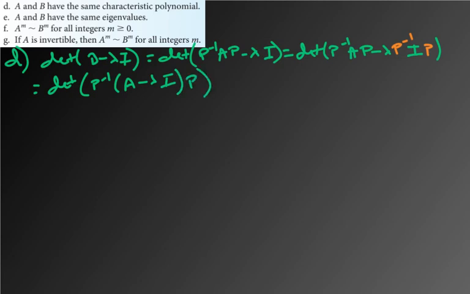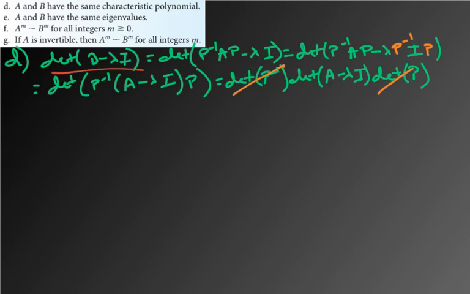And now I've got a product of matrices where I can use the determinant property, and that would be equal to determinant of P inverse, determinant of A minus lambda I, times determinant of P, right? And this is nice because this and this cancel, because this one's 1 over determinant of P. And so then we have it, right? Determinant of B minus lambda I is equal to determinant of A minus lambda I. So their characteristic polynomials are the same, which is nice.